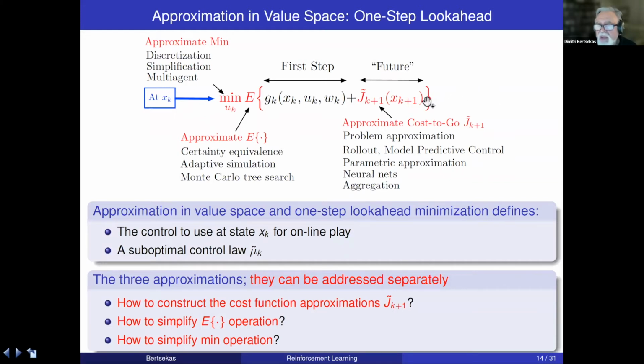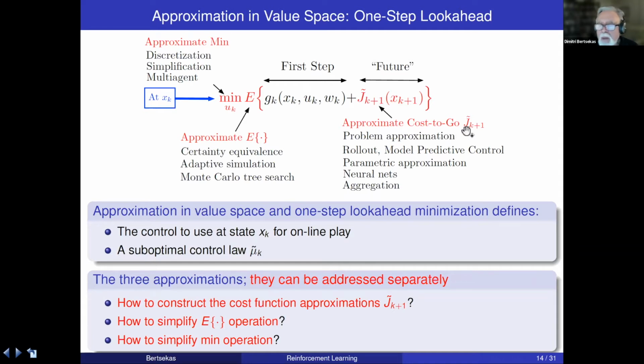And these parameters, for example, in the context of a neural network, may be the weights of the various layers of the neural network. Or in the context of a feature-based architecture, maybe the parameters multiplying the features that give you this cost approximation. And you introduce a parametric class of functions to approximate this target function here. And then we collect data and we do training to select parameters that give you good elements from this class. And that's what you use.